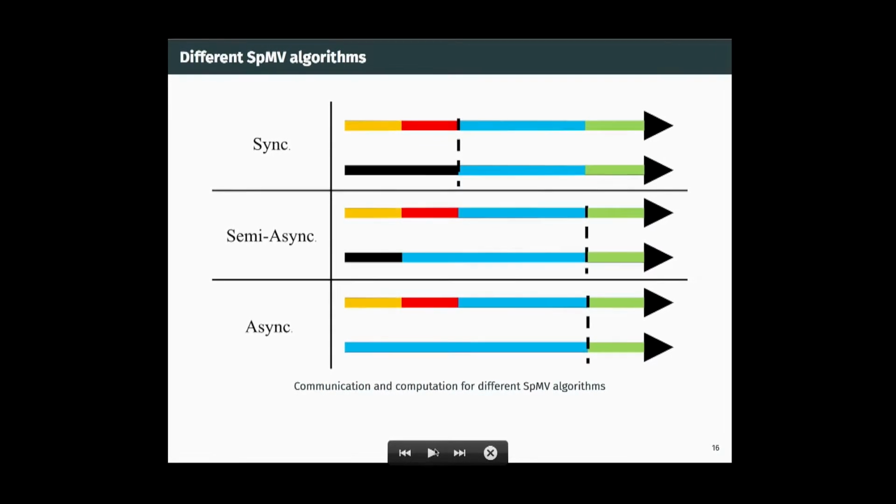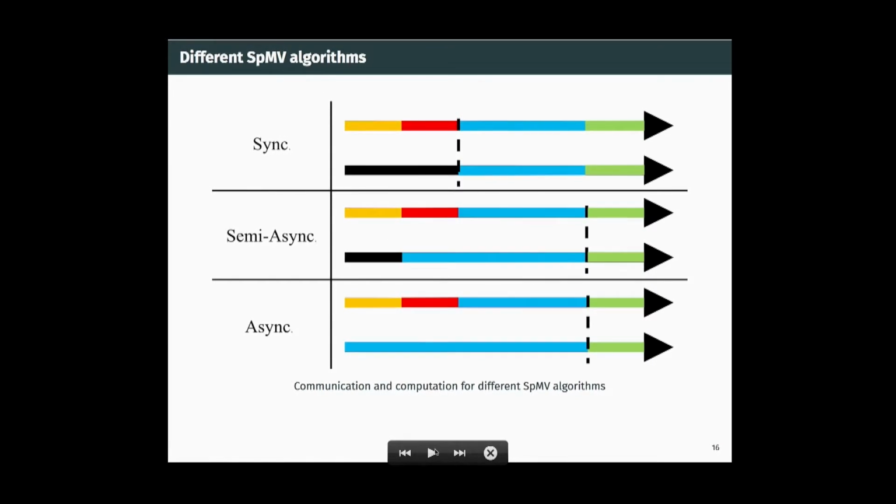And more specifically, the yellow part is the preparation of the communication. So you need to look up the vector entries that need to be communicated, accumulate them or copy them to one contiguous send buffer before you can actually send them to other nodes. That would be the red part. That would be a call to the communication library, GPI in our case, or MPI in other cases.